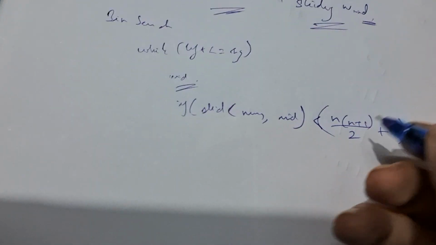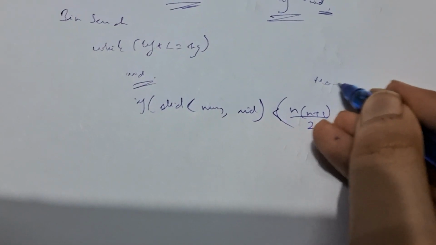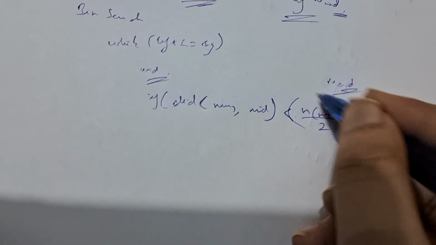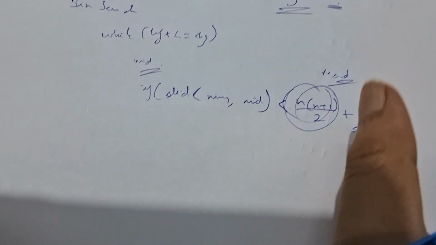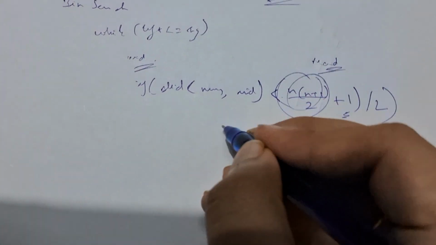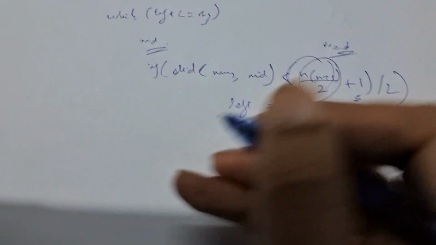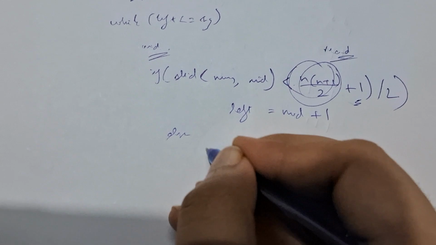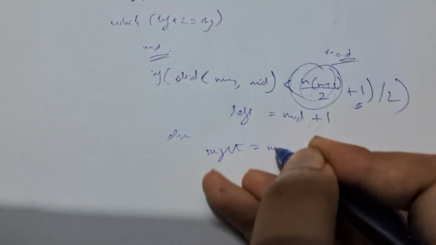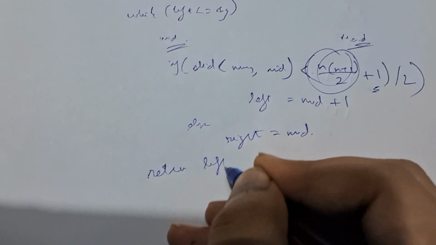The plus 1 by 2 is because of the median, and n*(n+1)/2 is the number of subarrays possible. If it is less than this, modify left as mid plus 1, else modify right as mid. And remember, at the end you have to return left. Now this is the binary search portion.